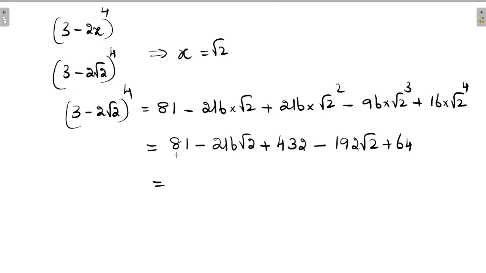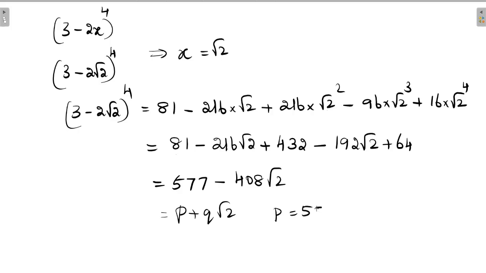When we add 81, 432 and 64, we get 577 − 408√2. This answer we write in the form P + Q√2, so P equals 577 and Q is −408.